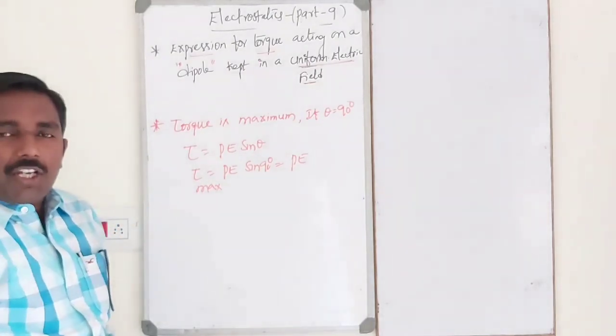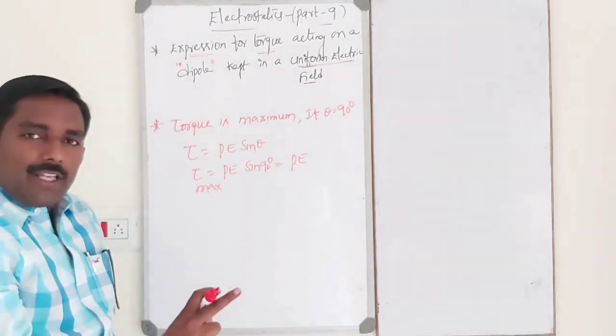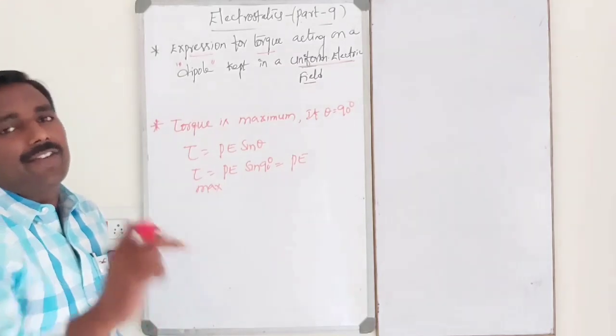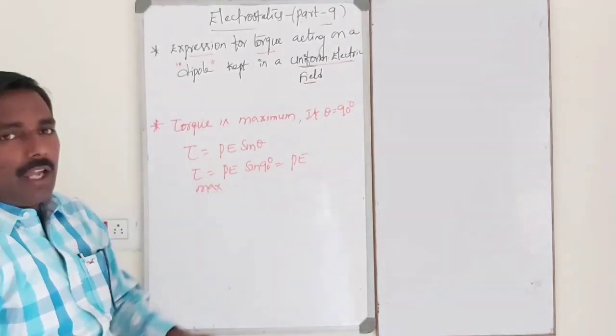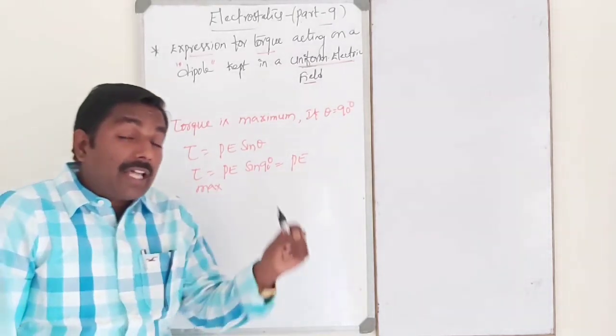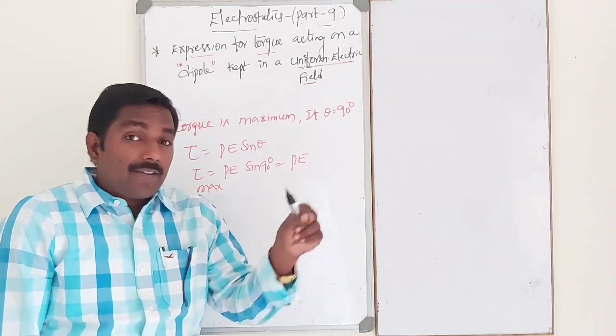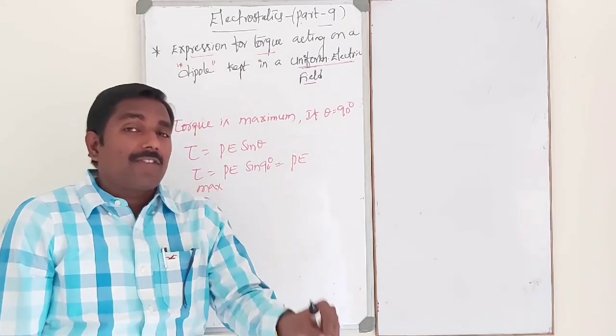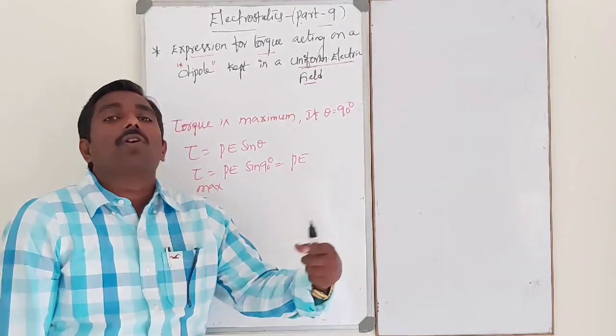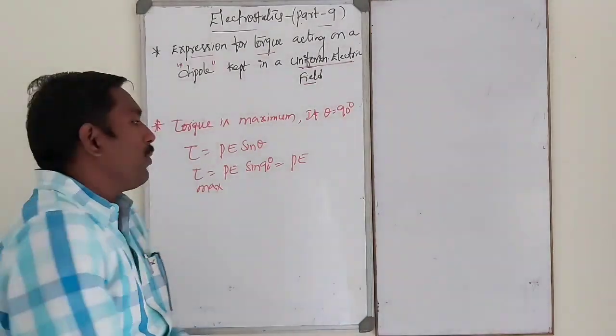So in this position, the dipole is perpendicular to the electric field. Whenever the direction of the dipole is perpendicular to the direction of the electric field, maximum torque is experienced on the dipole.